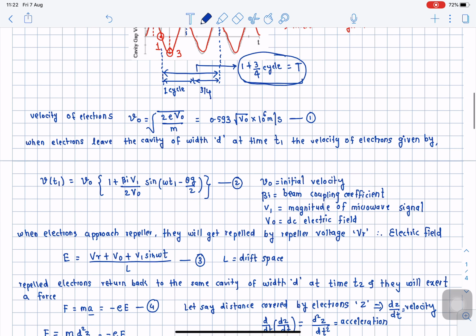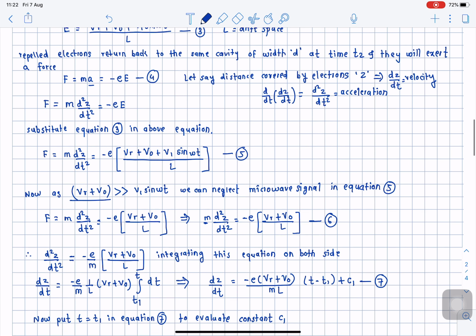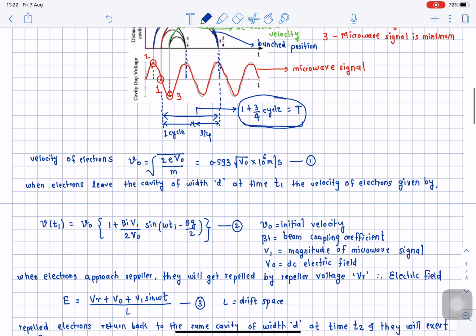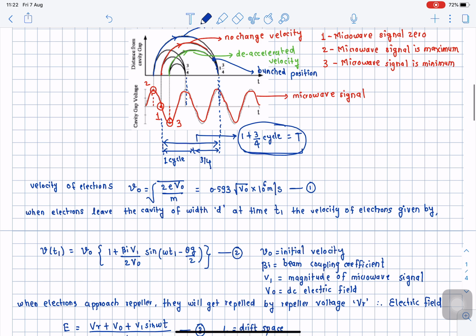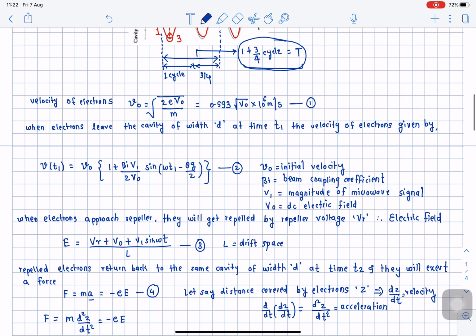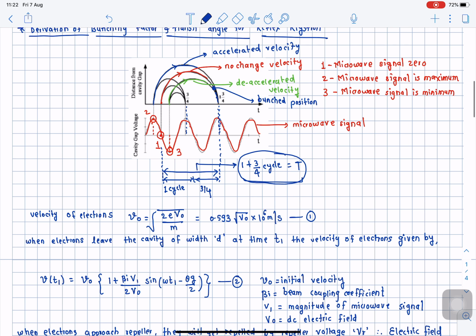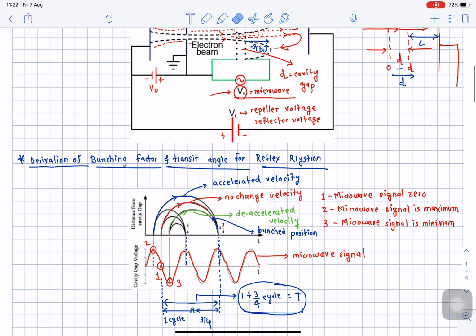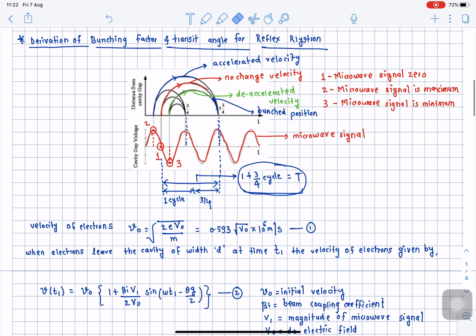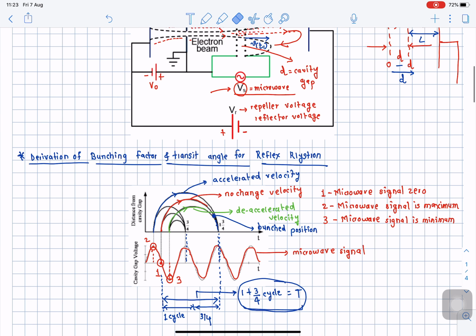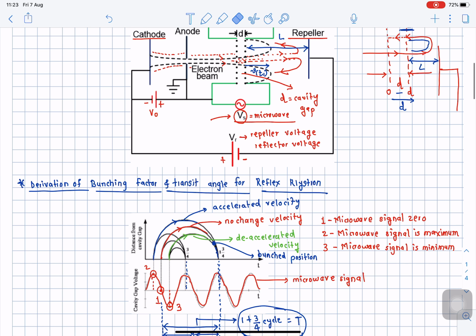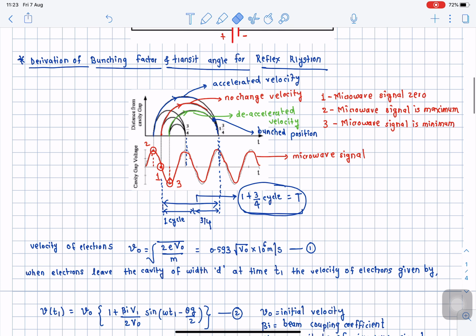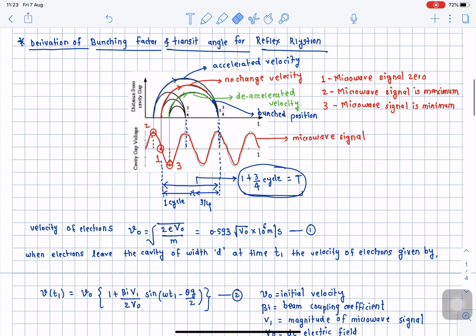In the next lecture we will go ahead with the next type of linear beam tube, that is the traveling wave tube. I hope you understood the whole working principle of the reflex klystron and the associated derivation. As I already told, the reflex klystron is popularly used as a low power microwave signal generator in the laboratory, as well as in certain low power microwave links.